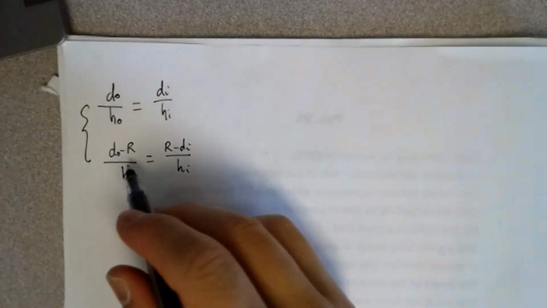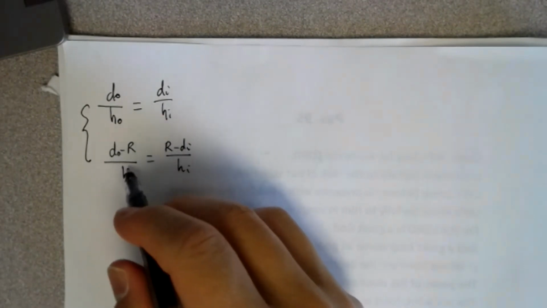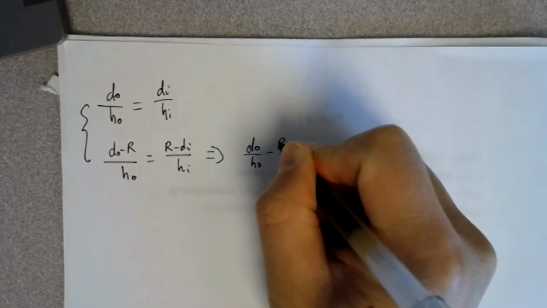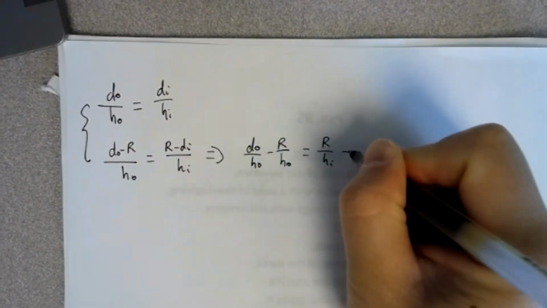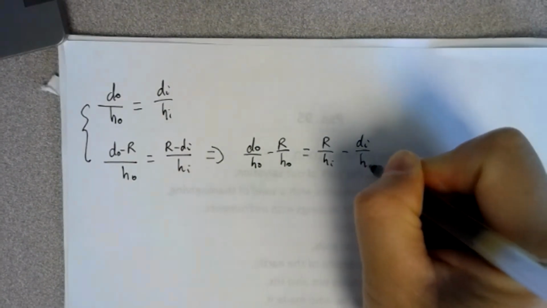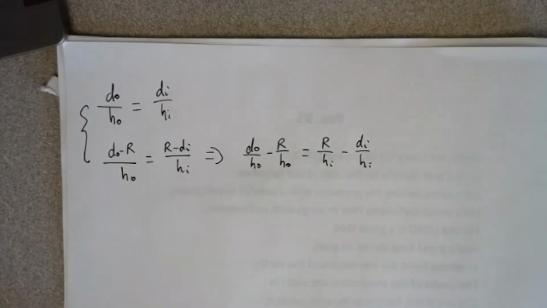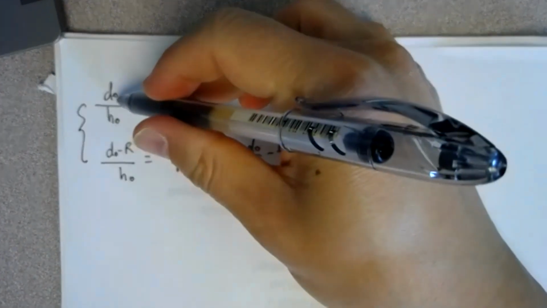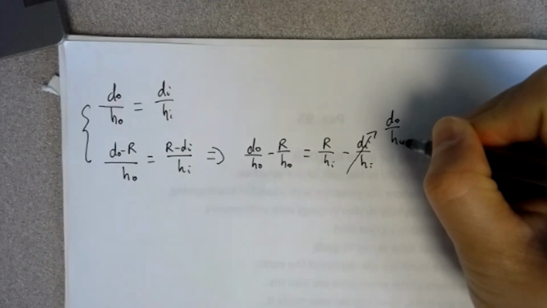Let's take a look at this. DO over HO, we'll write this as two fractions: DO over HO minus R over HO equals R over HI minus DI over HI. From the first equation, we know DI over HI is equal to DO over HO. So this can be replaced by DO over HO.